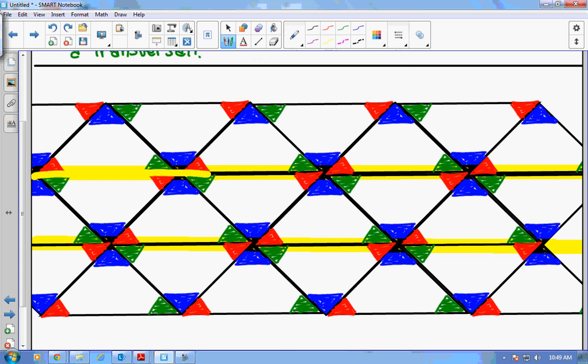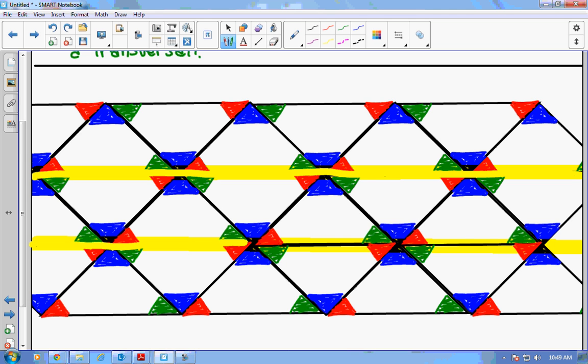And I need it to be the interior parallel lines, not the exterior parallel lines.